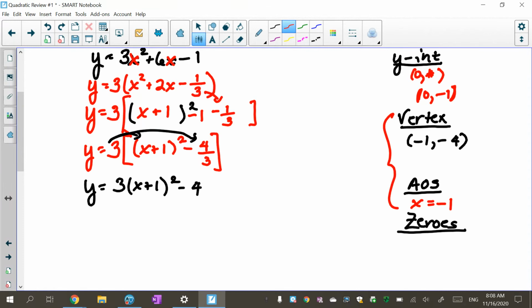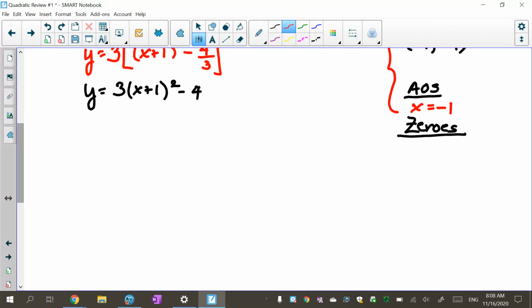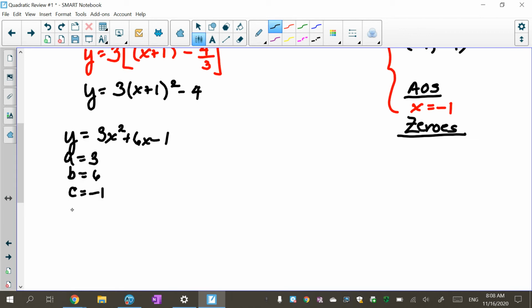The zeros: we're going to take that same thing we had earlier, and we can do the quadratic formula, or we can factor it. In this case, we're going to actually use the quadratic formula. Stack and rack. A is 3, B is 6, C is -1.